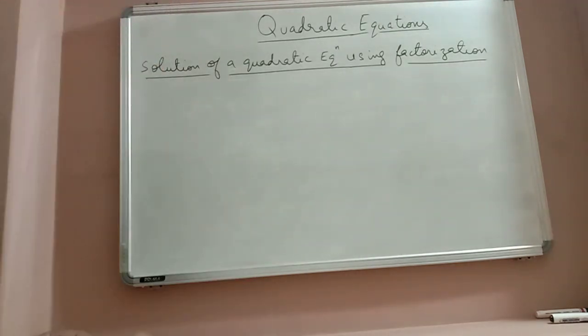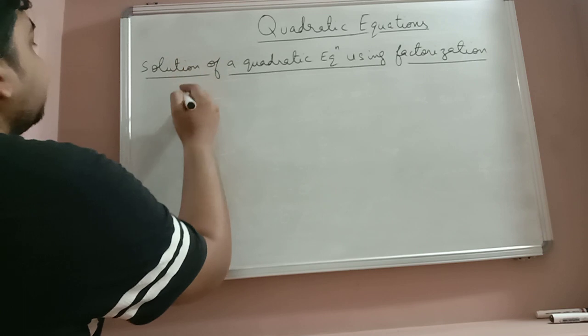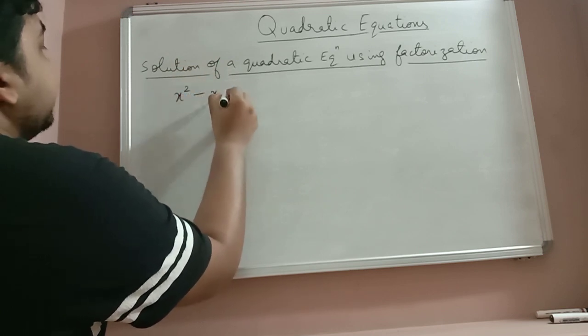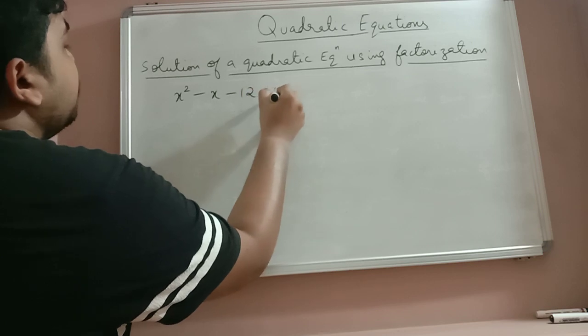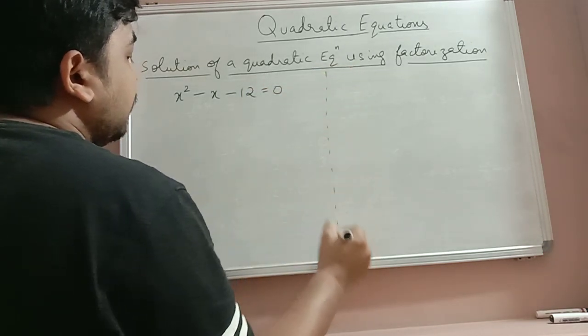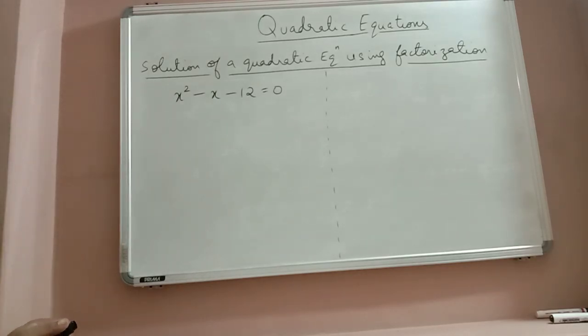Let me take an example to solve this. Let's take up an equation x square minus x minus 12 equals to 0. Now this particular equation can be solved using factorization by splitting the middle term method.